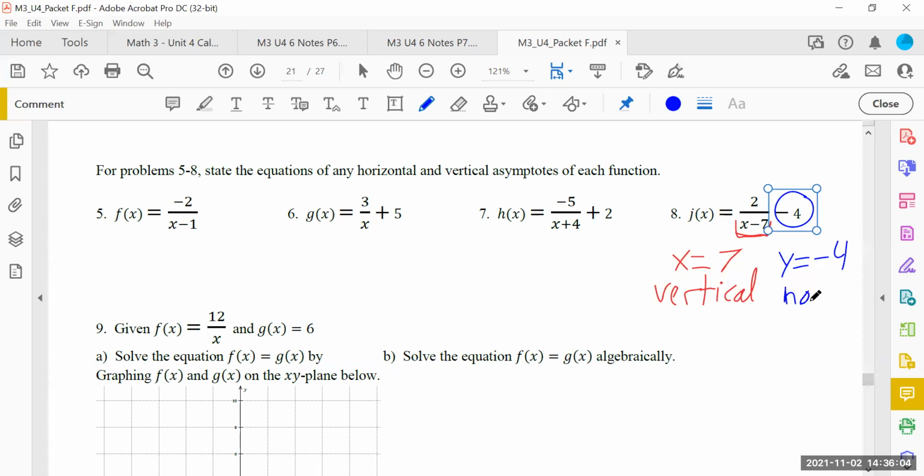That's my horizontal asymptote. That is all you have to do for numbers 5, 6, 7, and 8. If there isn't a number there, it's 0. So literally 1 minute, and you could probably finish 5, 6, and 7 right now. Go. If you're not sure, raise your hand and ask.